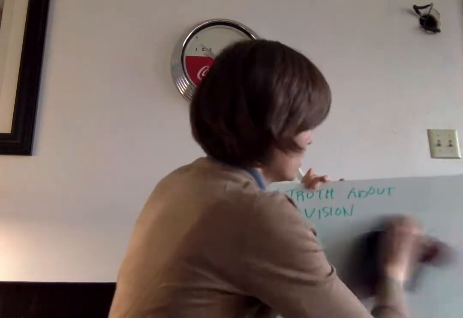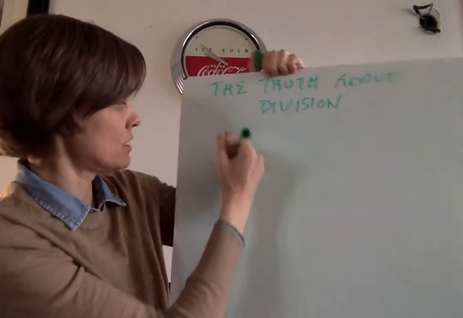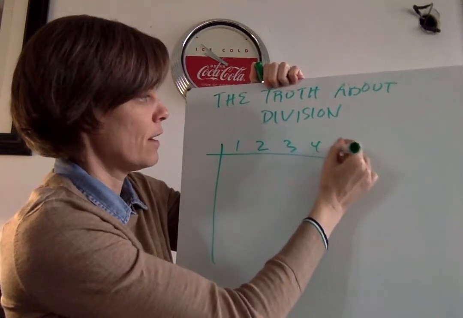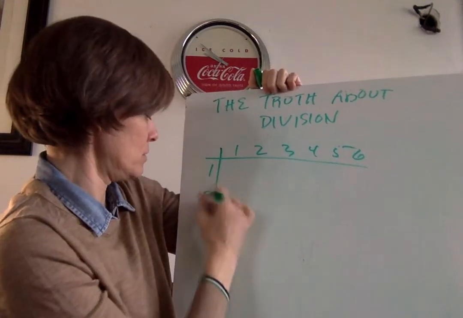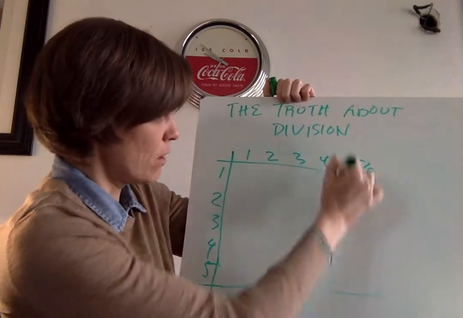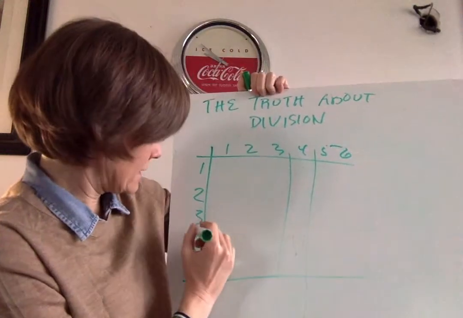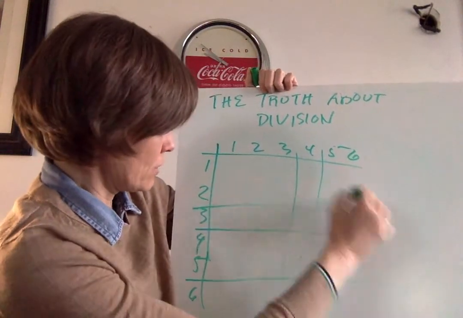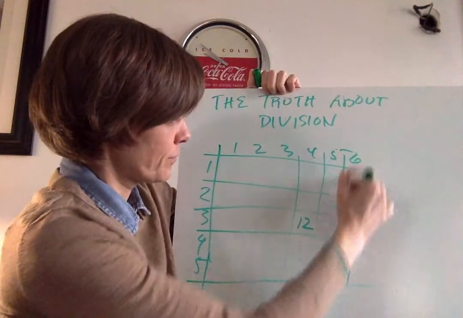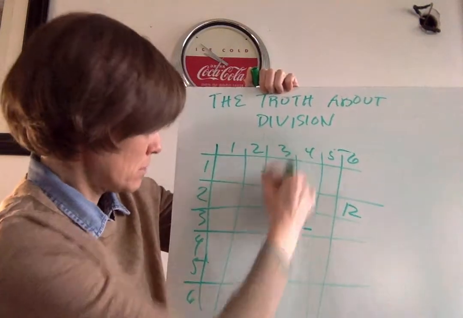Don't freak out. Okay. So if you did a multiplication table, okay, 1, 2, 3, 4, 5, 6, and so on, 1, 2, 3, 4, 5, 6, right? And you do all this and you have all the crisscrosses and you have it all filled out, right? At some point you're going to have 3 times 4 is 12, and 2 times 6 is 12, right?